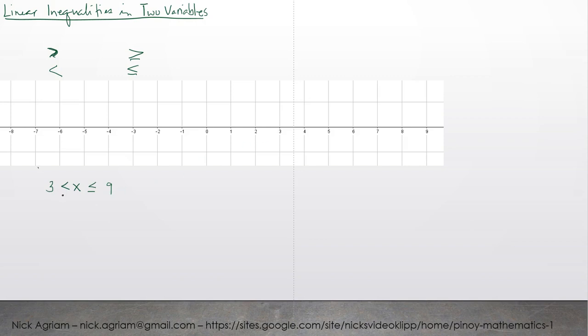You can see I put less than there, but here is greater than or equal. What does that mean? My interval is from 3 to 9, as you can see here. But the difference is that I'm going to put a circle there, but here it is a solid point. Why?